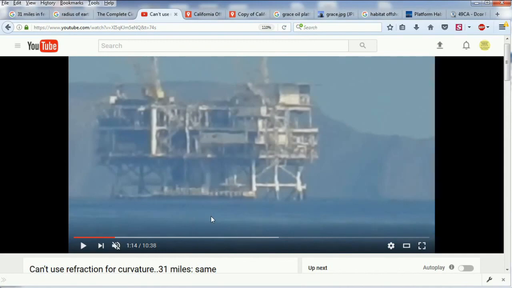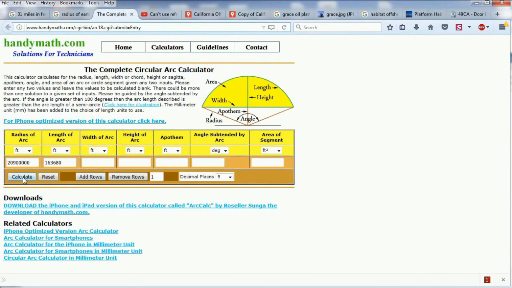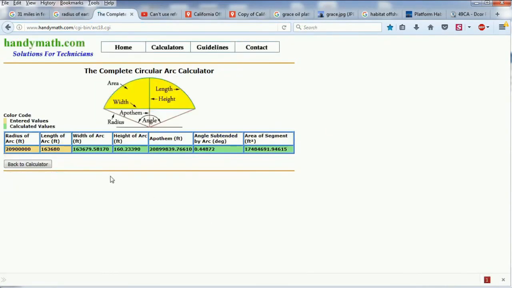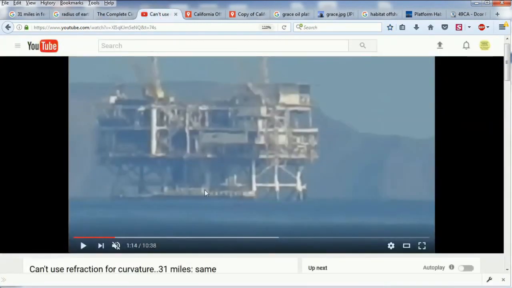And on a flat Earth, I don't understand how that is possible, because we should obviously be looking down at it. But if this is a globe that we're on, and the math that I did from the circular arc calculator told us that we were at 160 feet, so that this platform is sitting on an arc that's 160 feet tall, but it's over the backside, then it would be tilting away from the camera and towards the island, and would actually, I'm assuming, create something very similar to what you're seeing.